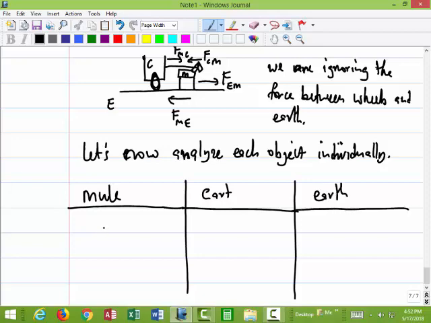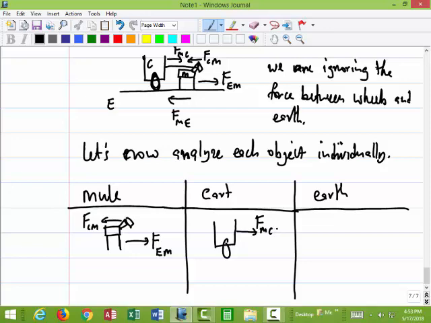So for the mule, let's see if I can draw the mule. The mule has the following forces. This is the force of the Earth on the mule, and then it also has the force of the cat on the mule. And then for the cat, this is the force acting on the cat. This is the force of the mule on the cat.